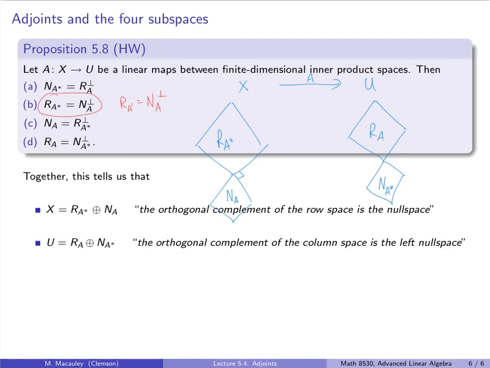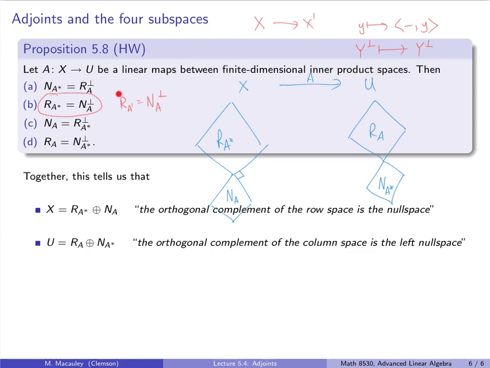One thing I did not show, but I'll leave as an exercise as well, is that under the identification of a space with its dual, that is sending y to blank dot y, the orthogonal complement of a subspace gets sent to the annihilator of the subspace as we defined it previously.